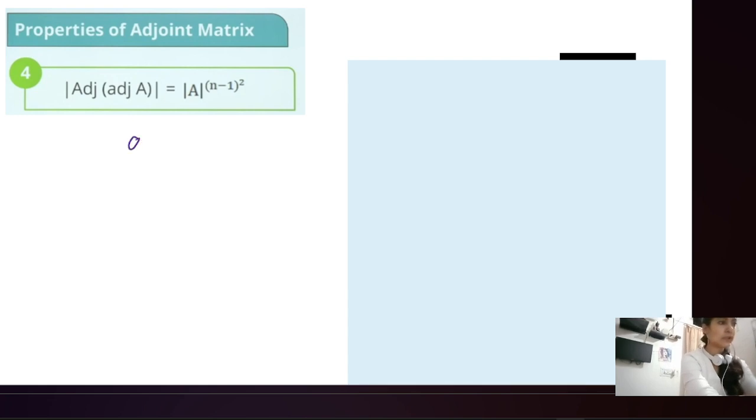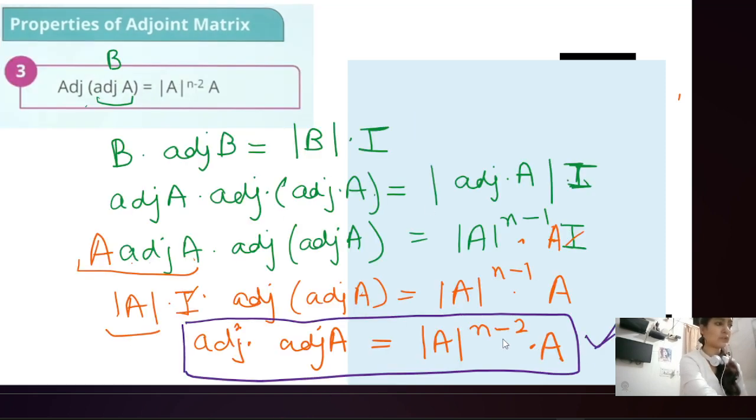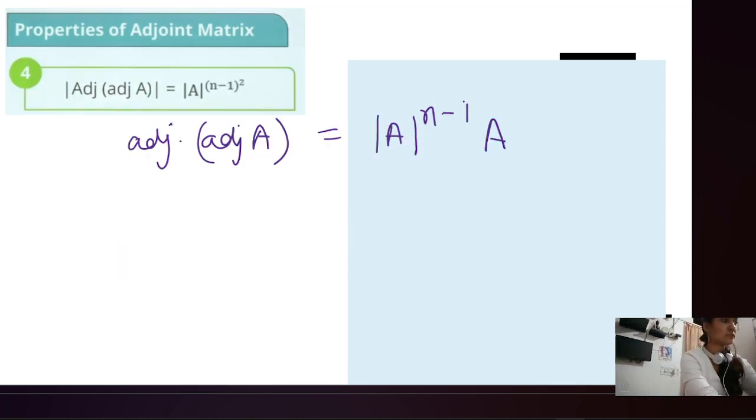So we know that adjoint of adjoint of A is equal to determinant of A power n minus 2 times A. Right? This is the property we have already proved, with n minus 2.